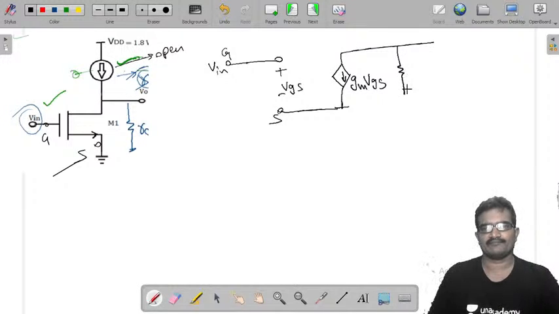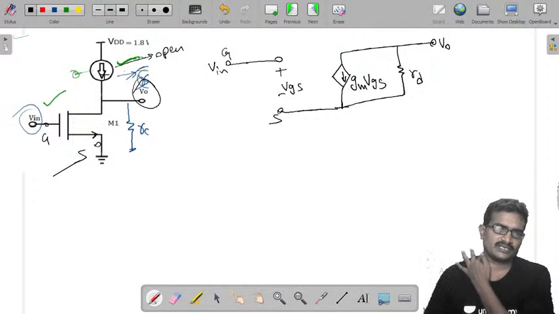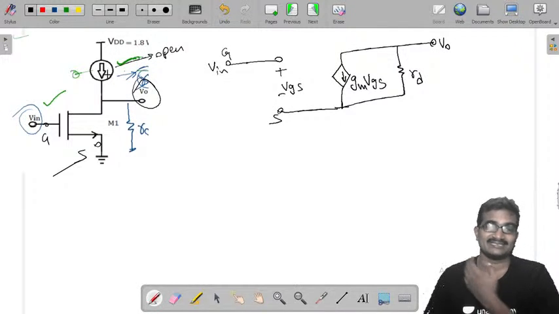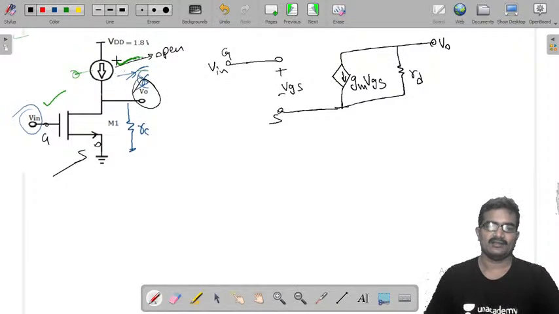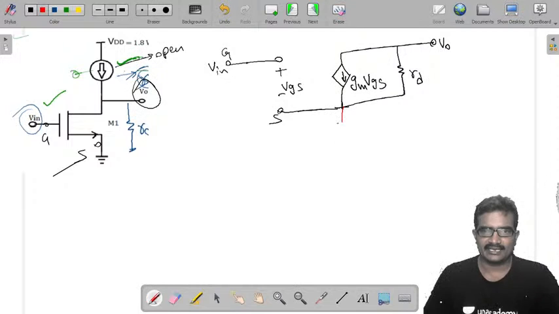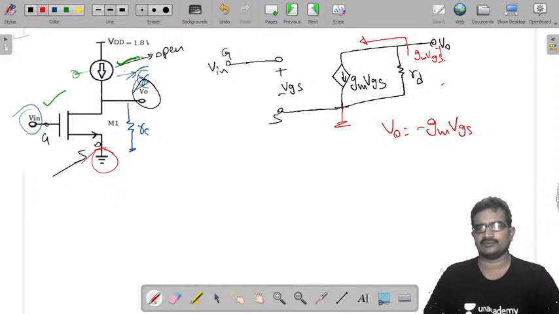Here we have RD. This is output, because the current source is open circuited, as it gives infinite small signal resistance. Source is connected to ground. The same current GM VGS is flowing like this. Therefore output voltage is minus GM VGS into RD.